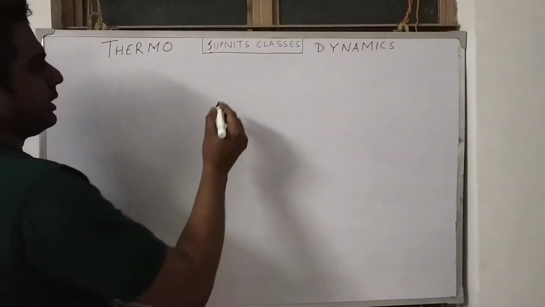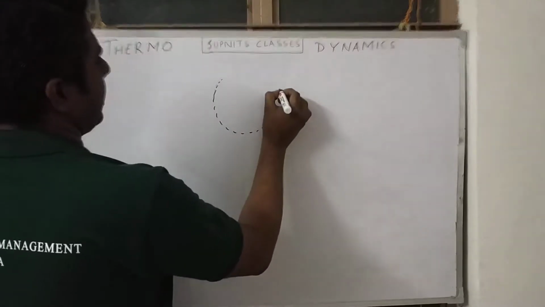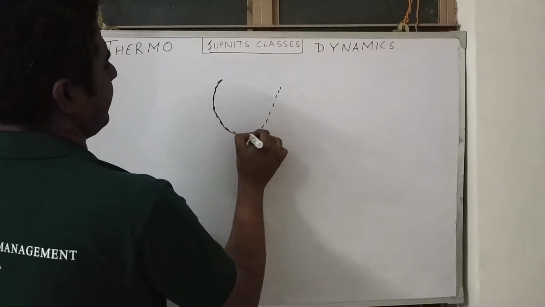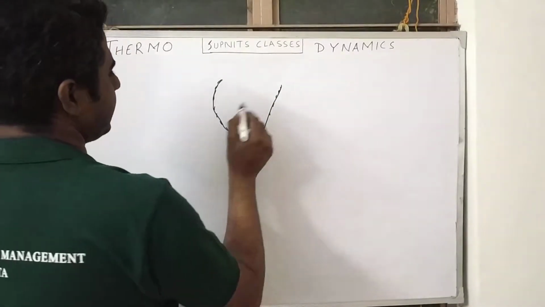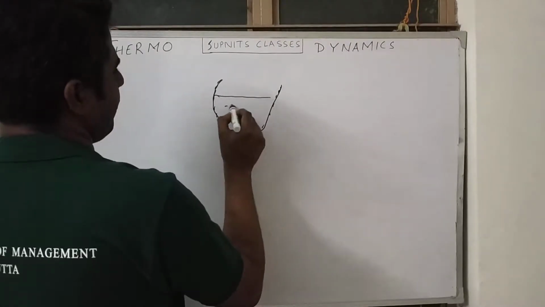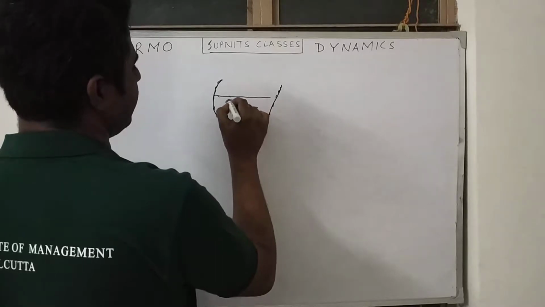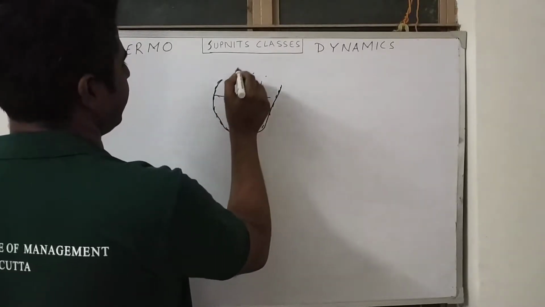When we are studying a subject, suppose I am having this container. This is an irregular container as you can see, and there is some water which is boiling over here. It is boiling, some vapor is going out.